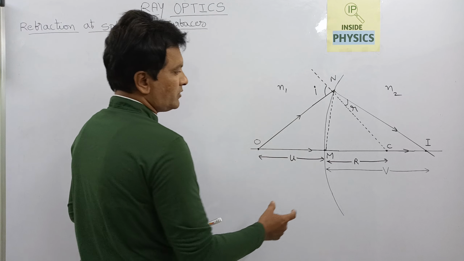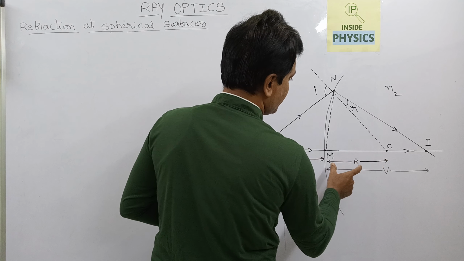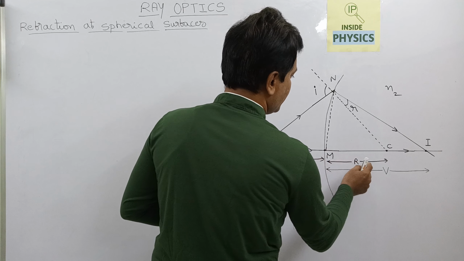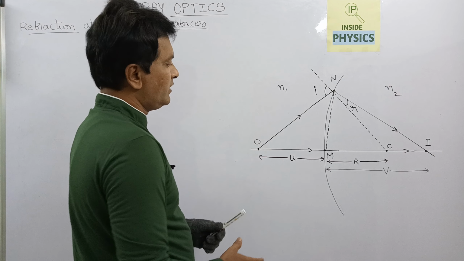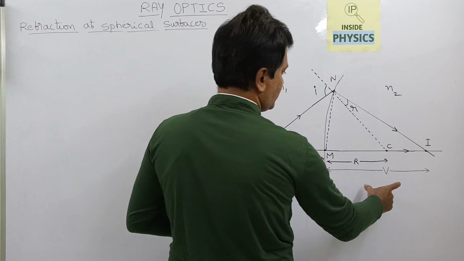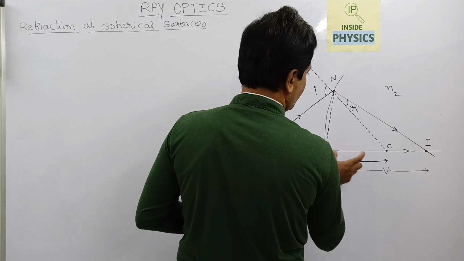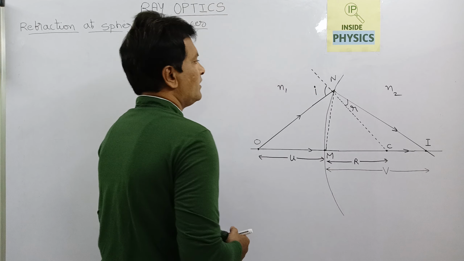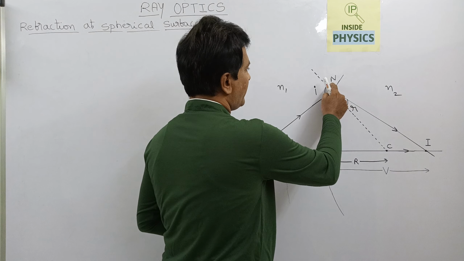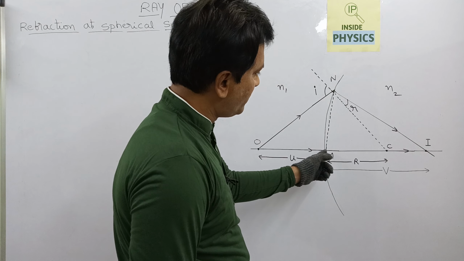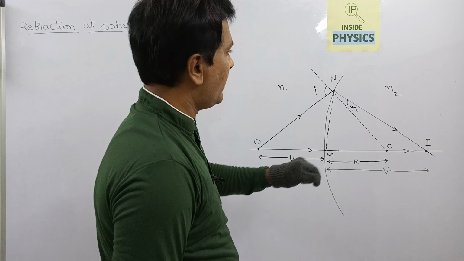This distance from the center of curvature to the pole is considered as the radius of curvature. This is the object distance, and this is the image distance V from pole to I. Now the point of incidence here is considered as N, and the point at the pole is considered as M.